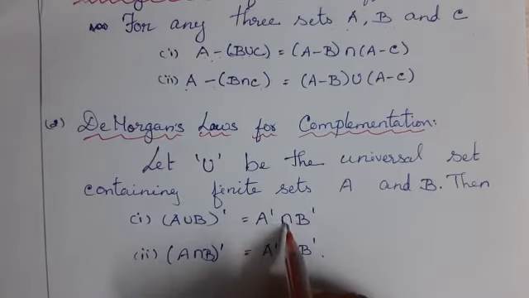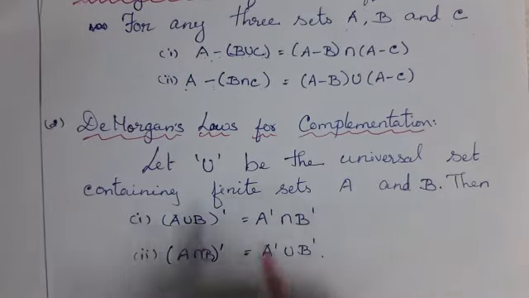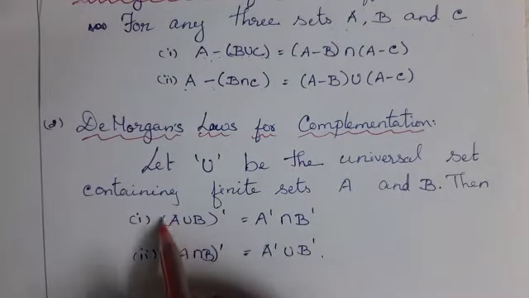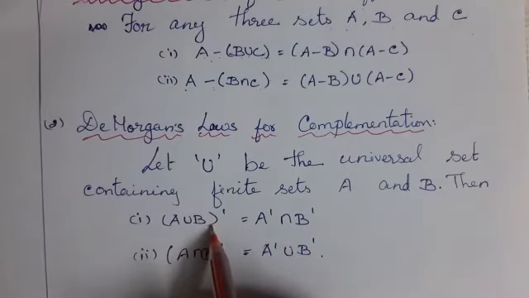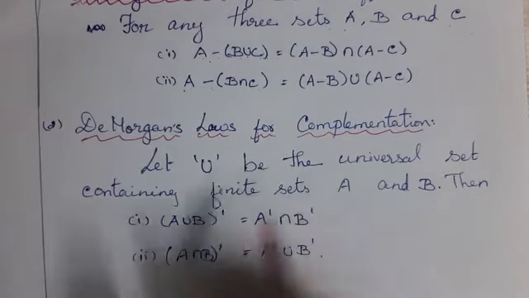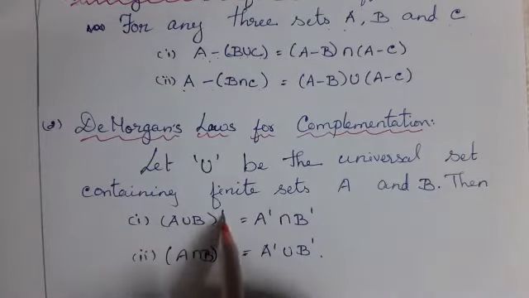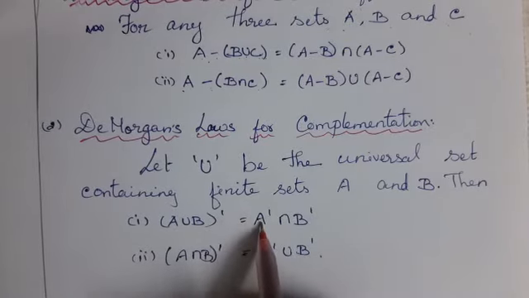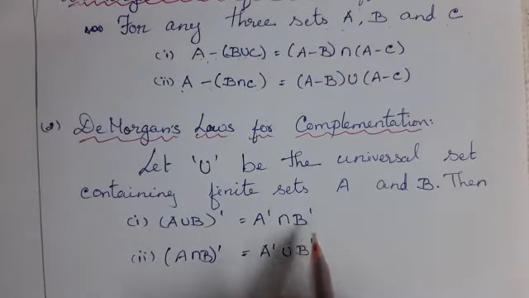A complement intersection B complement. Once again, A union B the whole complement is equal to A complement intersection B complement. Otherwise, A union B the whole dash is equal to A dash intersection B dash.